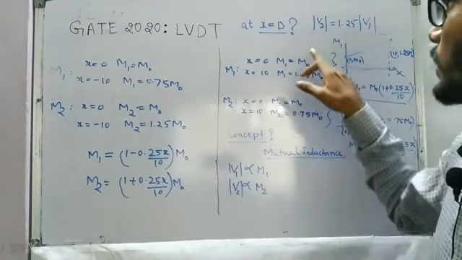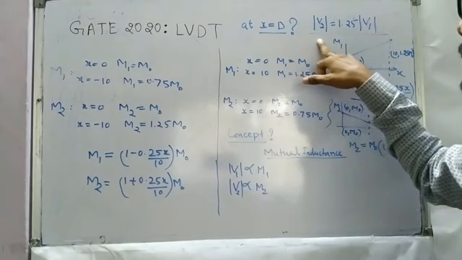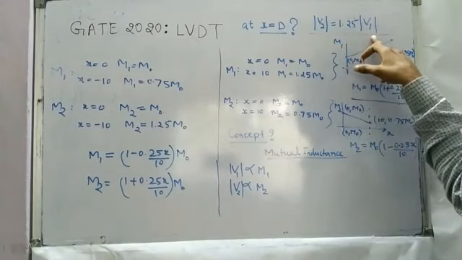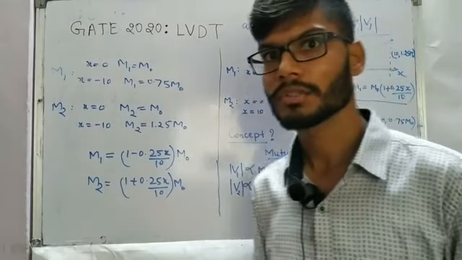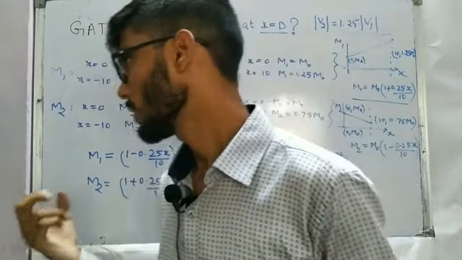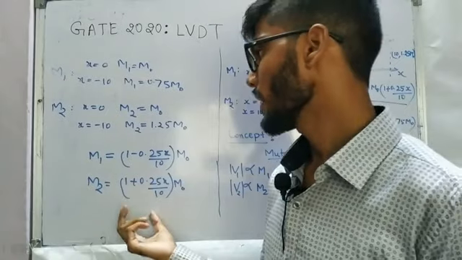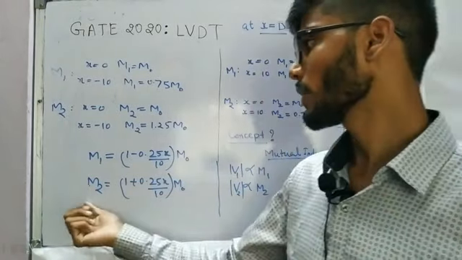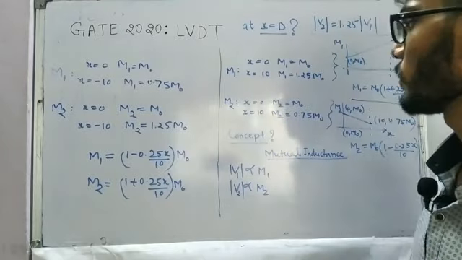So now it is clearly mentioned that the magnitude of voltage V2 is going to be 1.25 times the magnitude of voltage V1. So the magnitude of V2 is more, so this is the displacement we have to take, because V2 is proportional to M2, and M2 has to be more, then only V2 will be more.